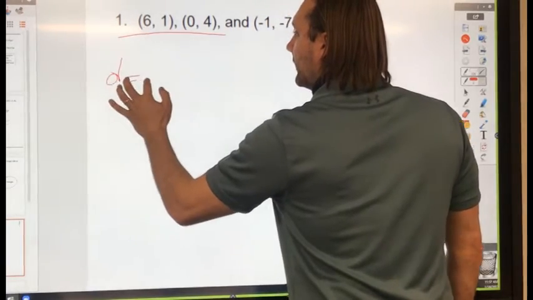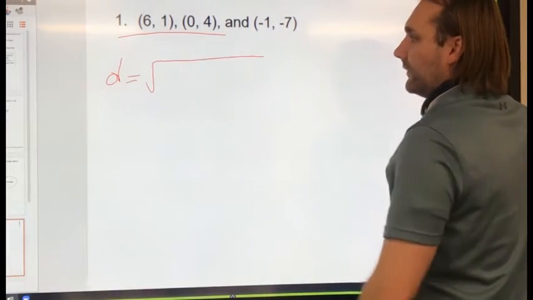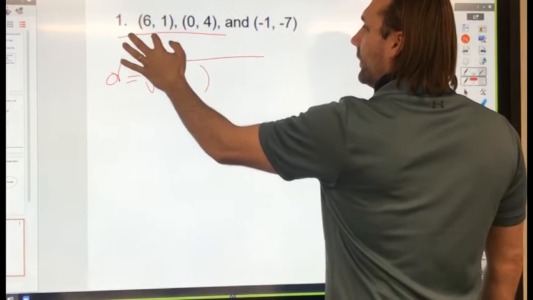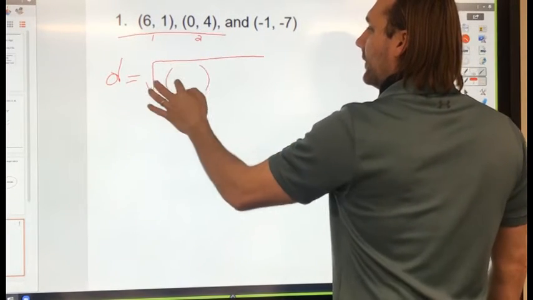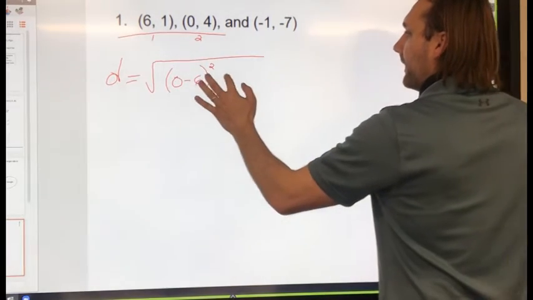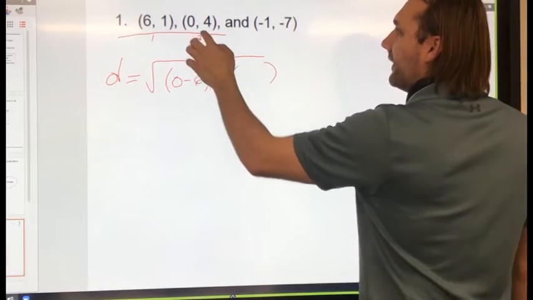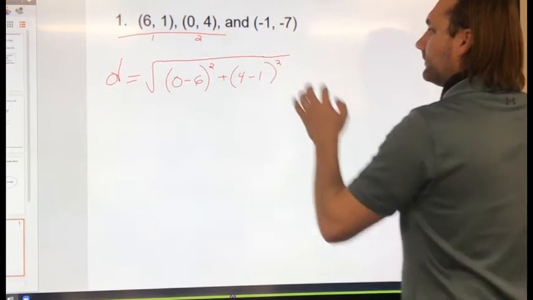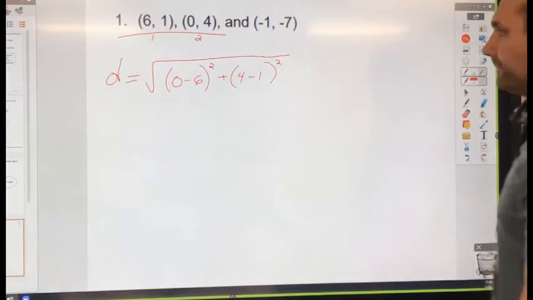So d equals the square root of the difference between my x values. So I'm going to call this point 1 and this point 2. So 0 minus 6 squared, plus the difference of my y values, 4 minus 1 squared. There's your distance.